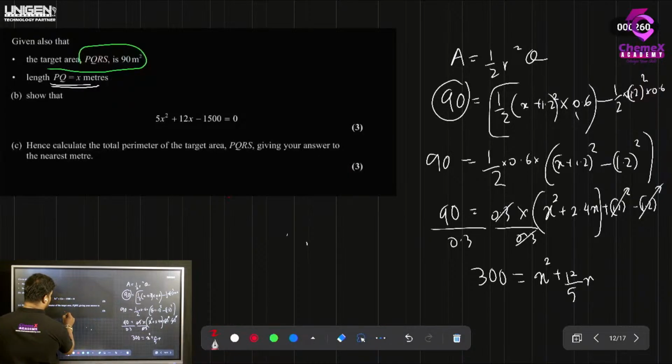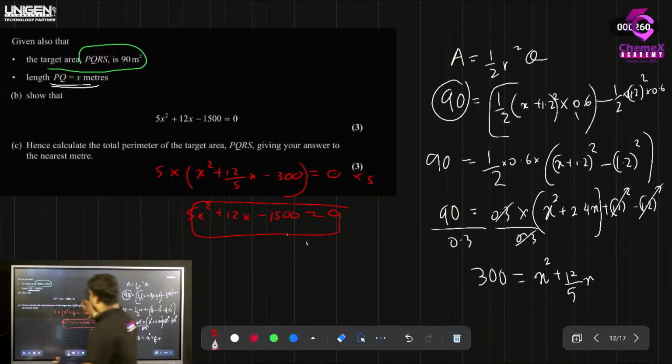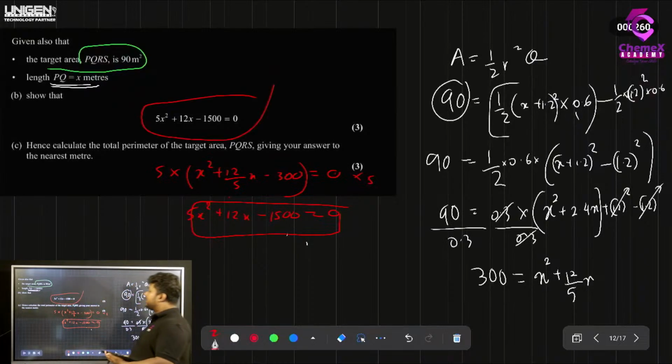So x squared plus 12 over 5 x minus 300 equals 0. Multiply everything by 5: 5x squared plus 12x. What's 5 times minus 300? Minus 1500. Can you see the same equation is coming? That's what they asked us to show. Any questions?